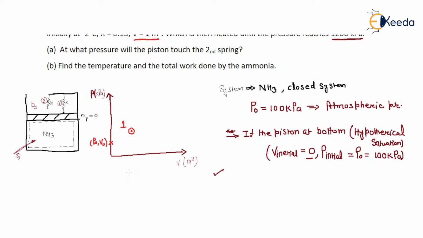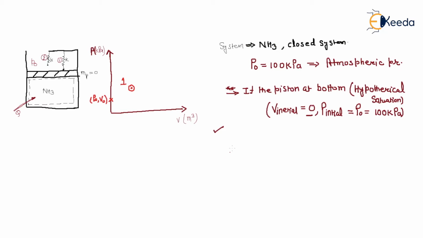So at state 1, from the ammonia table, the given dryness fraction is x equal to 0.13, right?